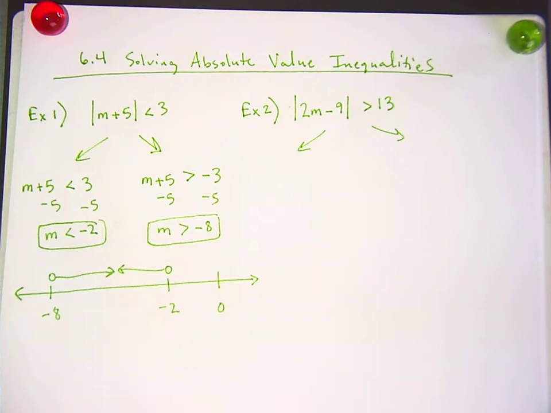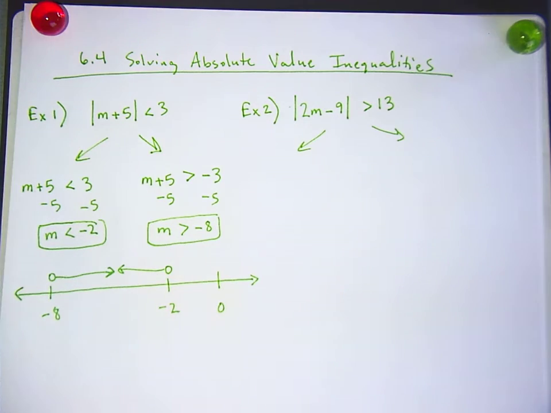So it's m is greater than 11, and then m is less than. Okay, so we got this, right?